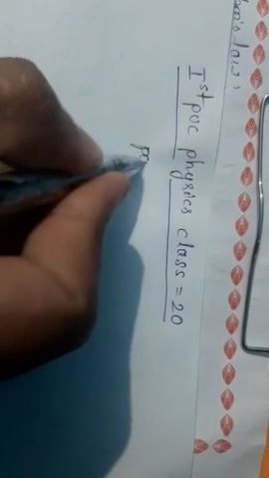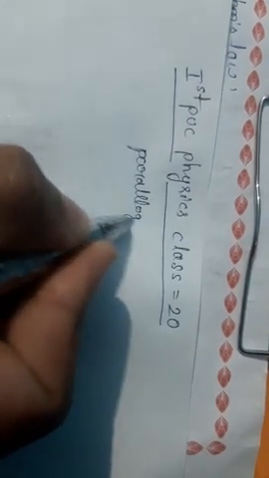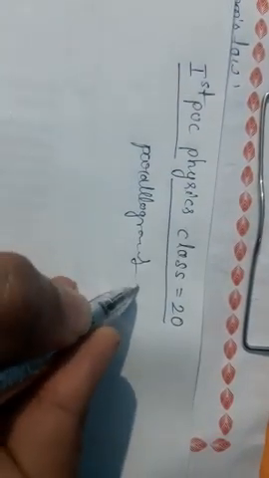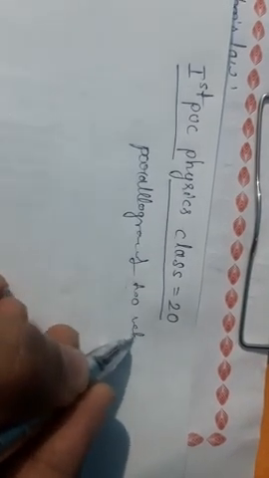And the second one is the parallelogram law of two vectors.